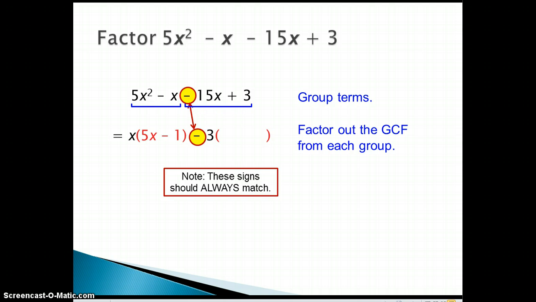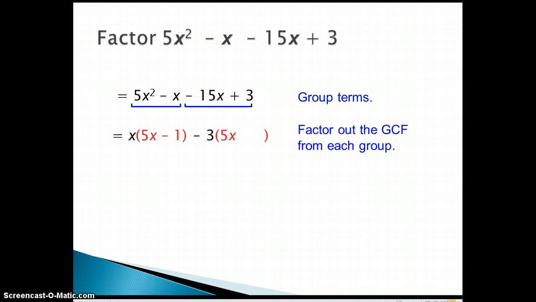So now we have to think about, okay, -3 times what will give us -15x plus 3? Well, -3 times 5x will give us the -15x. And then what would we need to multiply -3 by to get positive 3? Well, we need two negatives to make a positive, so that would have to be a -1. Now notice that we have a common binomial factor of 5x minus 1 from both groups.